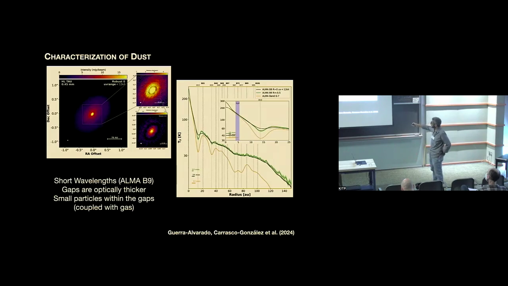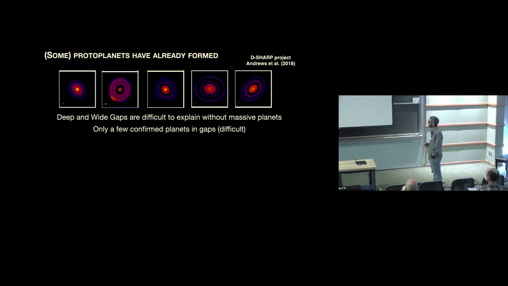Band 9 is at 0.5 millimeter. So you blur all the gaps and you don't see them, and this means that gaps are optically thicker at band 9. So this probably suggests that we have a lot of small particles within the gaps. And we have to go to band 9 to see this effect.